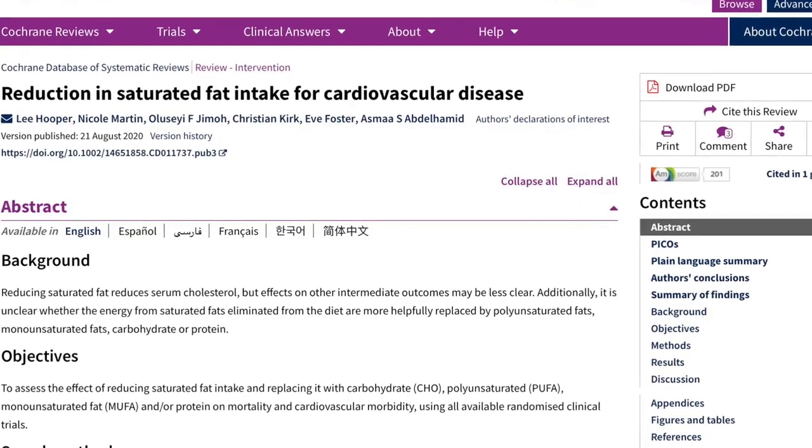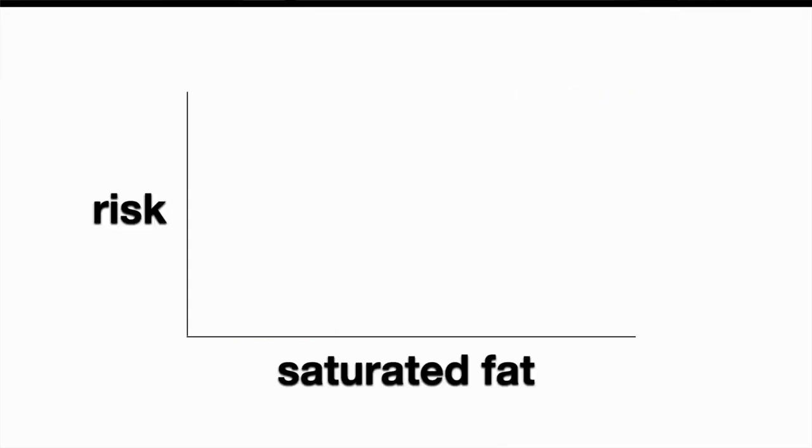That the effect of saturated fat on cardiovascular disease is shaped like an S. So what this means is that as the level of saturated fat intake rises, initially not much happens to risk, and then suddenly at one point the risk shoots up, and then it just stays high and not much happens again as the level of saturated fat intake rises more.